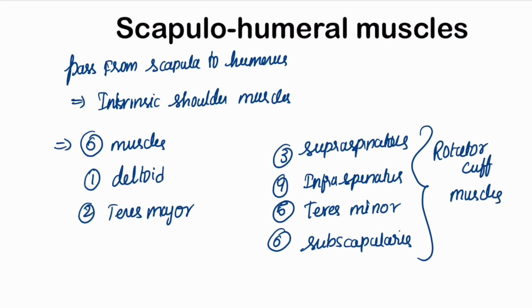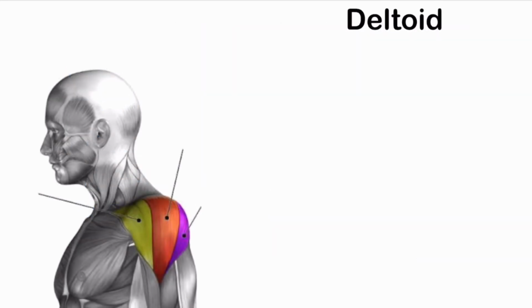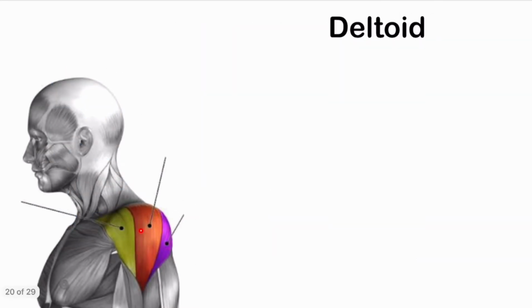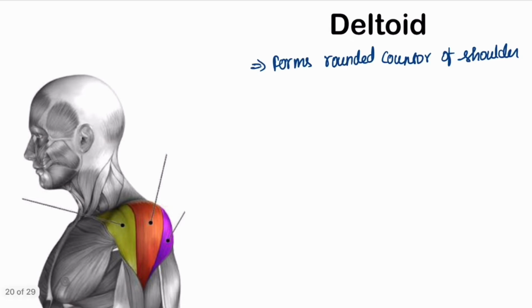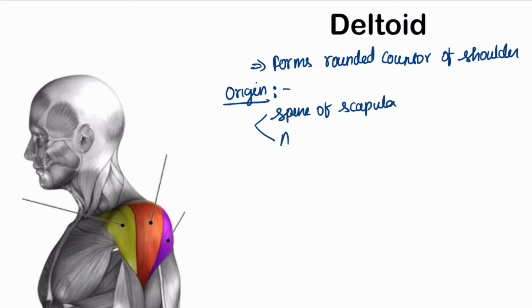Now let us see them separately. First, let us look at the deltoid muscle. This is the deltoid muscle here. This deltoid muscle forms the rounded contour of the shoulder. Now let us see the origin. It originates from the spine of the scapula, the acromion process, and the lateral one-third of the clavicle.